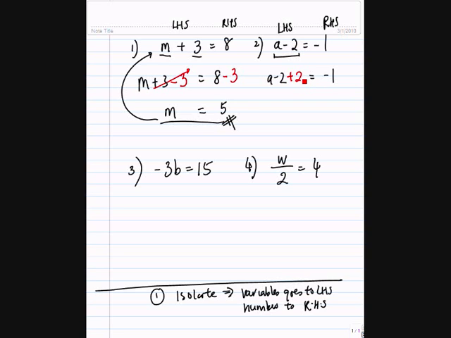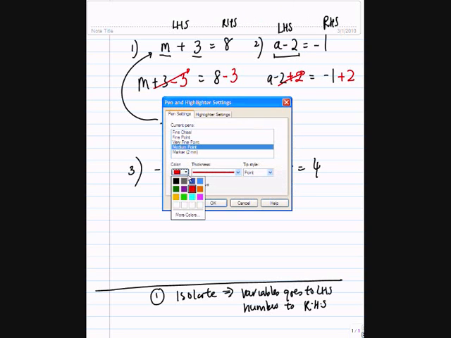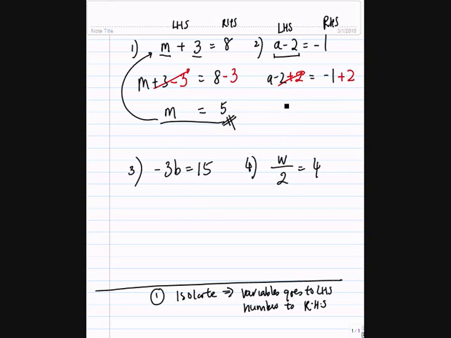Am I right? Because minus 2 plus 2 gives you 0. Introducing a plus 2 on the left hand side, I need to introduce a plus 2 on the right hand side in order to make the equation balance. So I have a on the left hand side and minus 1 plus 2, I will get 1. Try substituting the solution back into the equation and you will get minus 1.